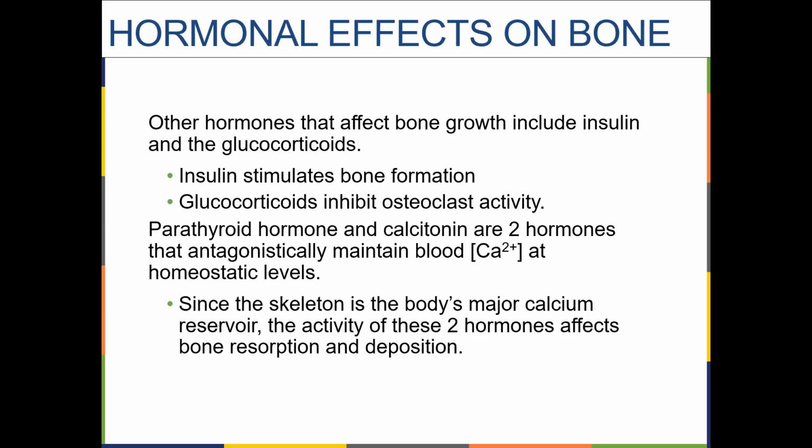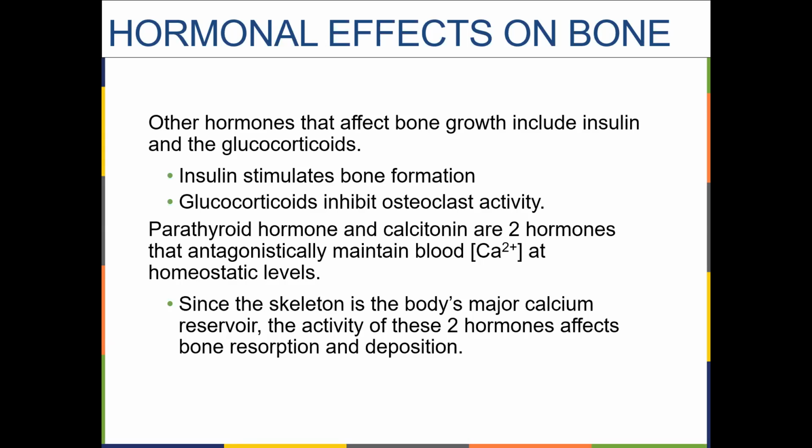Glucocorticoids, the stress hormones, the hormones that you use to help you deal with stress. Cortisol, for example, inhibit osteoclast activity, the bone breaking cells. So both insulin and cortisol are going to stimulate bone growth.